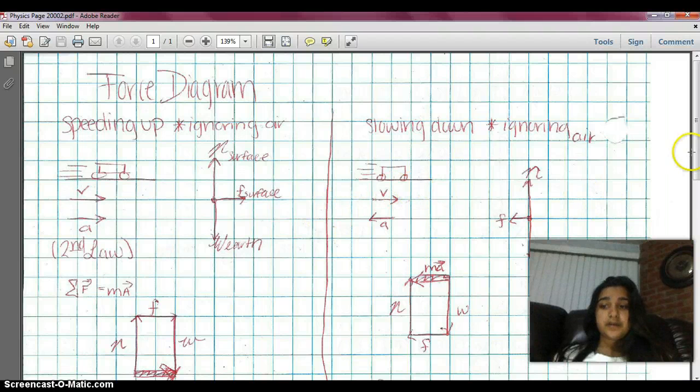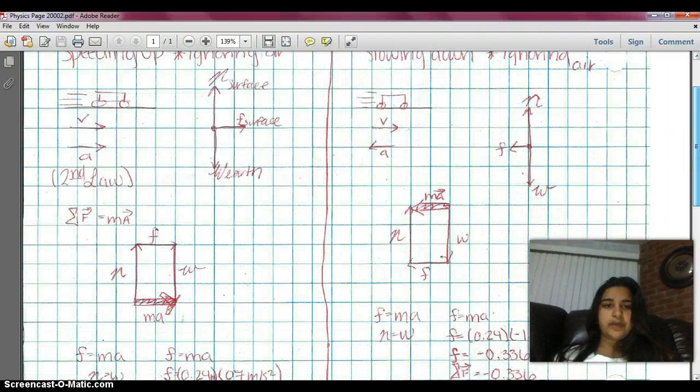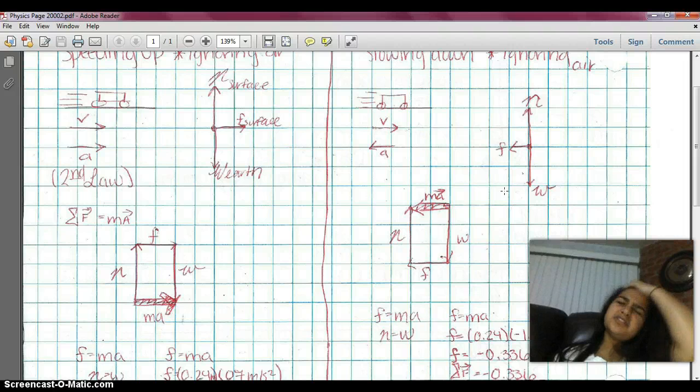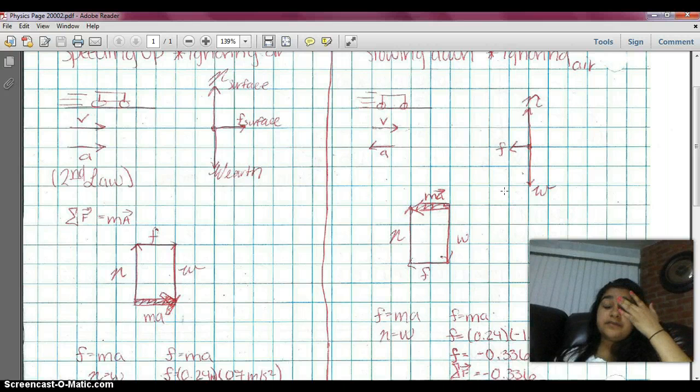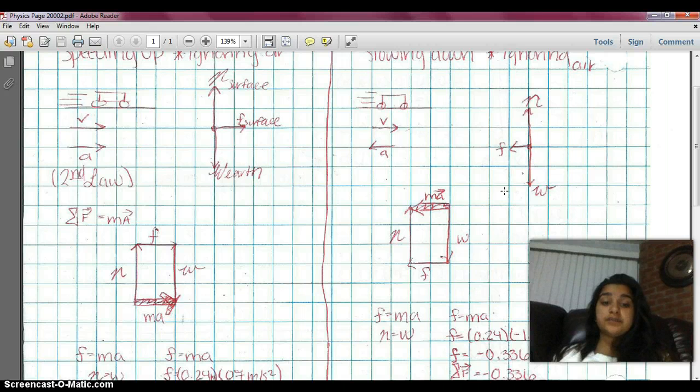So our force diagram for speeding up, ignoring air, velocity and acceleration are both going towards the right, my right, and that's basically how we're going to figure out how to find friction, because the second law applies here. Normal force and weight are equal, and then friction is to the right because of acceleration.